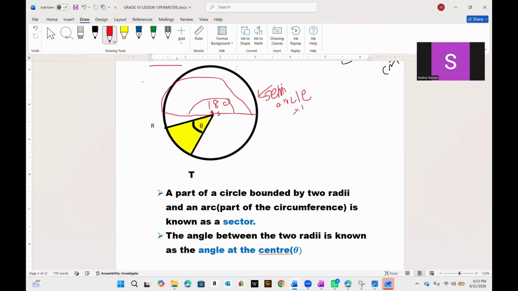Why 180 degrees? Whole circle is 360, half means divide 360 by 2, which is 180. That's one type. You will have several types. Let's speak about one more.